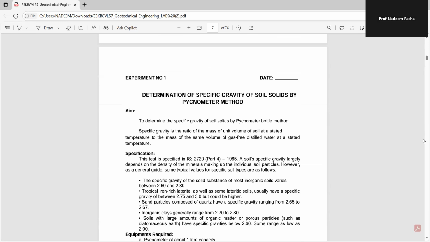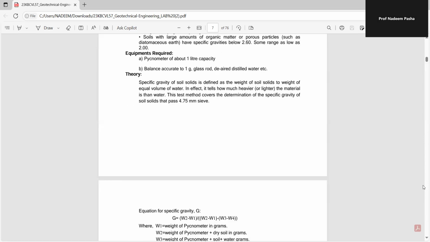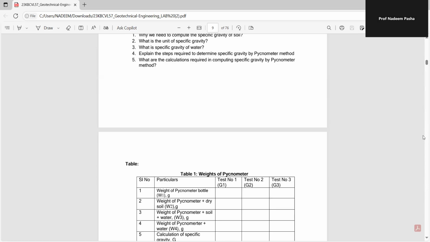Specific gravity for inorganic soil is from 2.6 to 2.8. Tropical rich iron laterite soil specific gravity is 2.7 to 3. Sand particles composed of quartz have specific gravity of 2.65 to 2.67. Inorganic clay has specific gravity of 2.7 to 2.8. Soil with a large mass of organic matter has specific gravity of 2.6, and it can even reduce to 2.